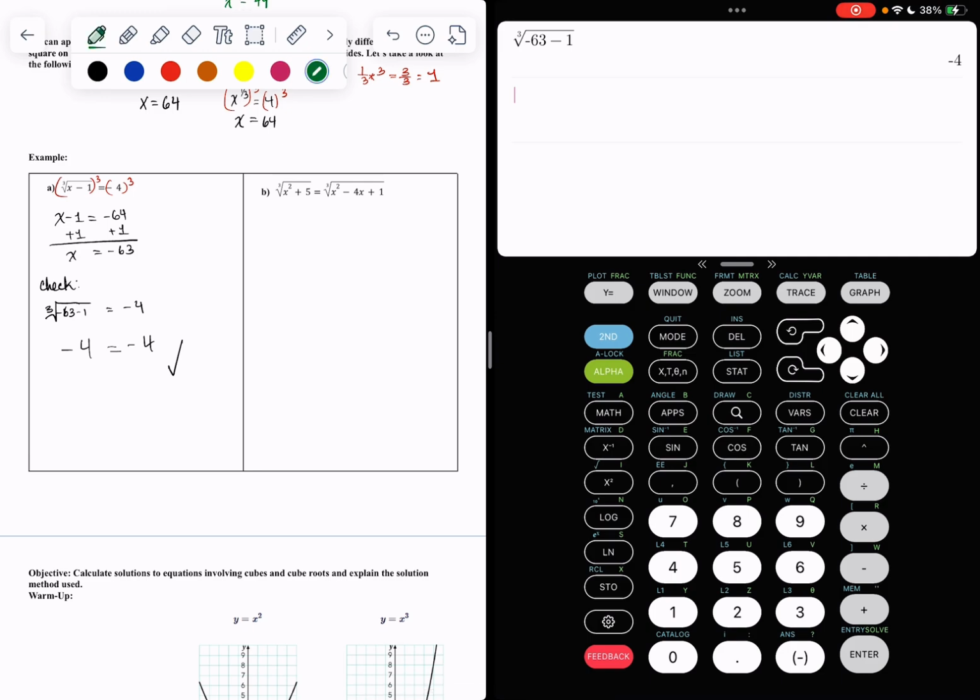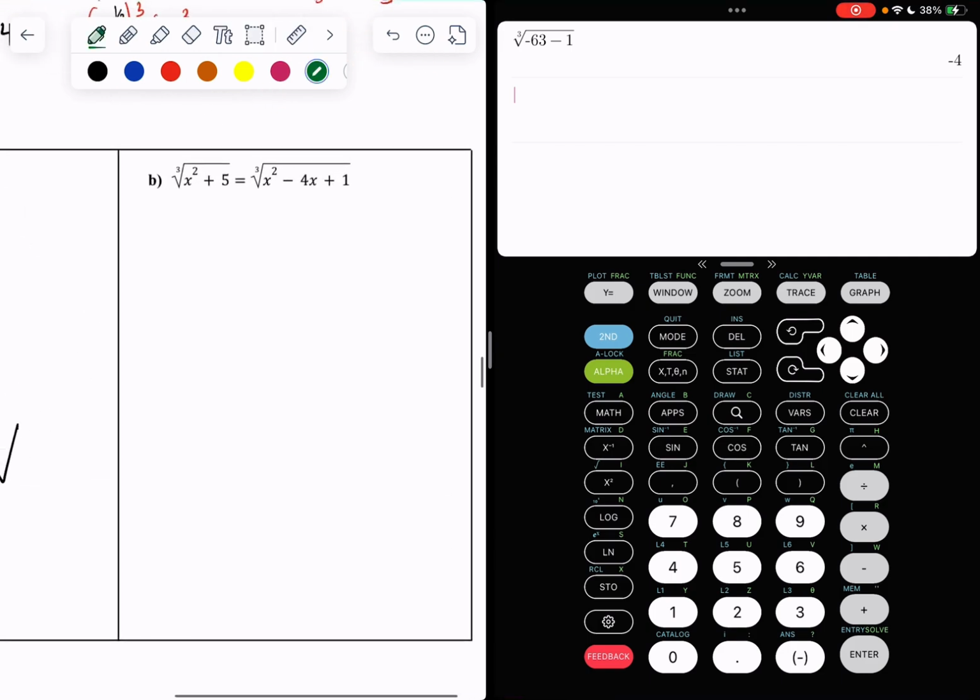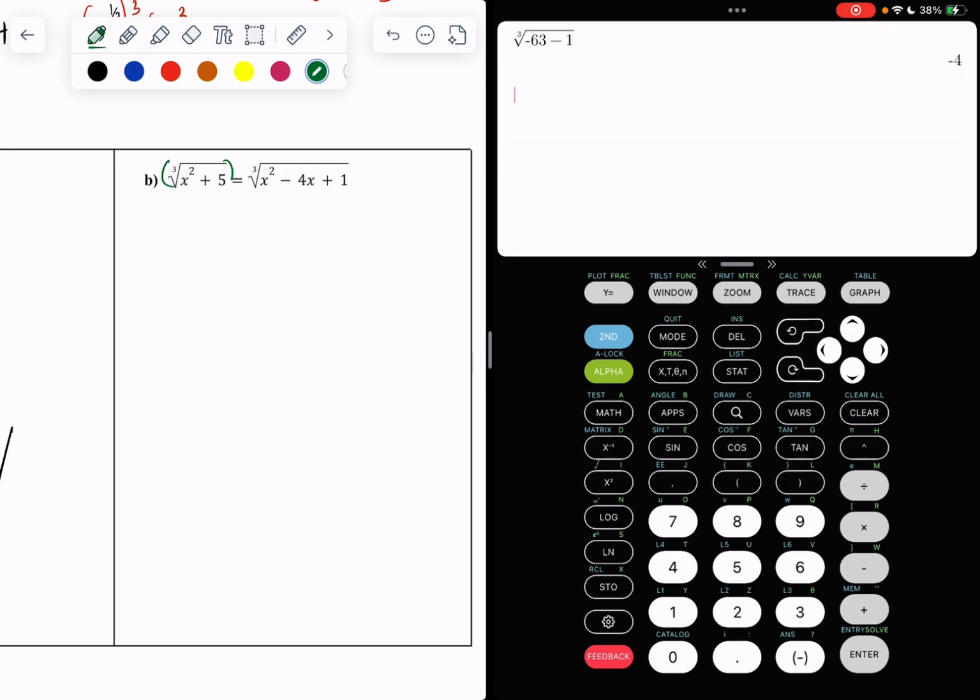Let's take a look at the next one. We are going to cube both sides again to remove the cube root, which leaves us with x squared plus 5 is equal to x squared minus 4x plus 1. Right now it's looking like a quadratic situation, but I think we can take care of that by canceling out the x squared, and it works out perfectly because both of them have the same exact coefficient.